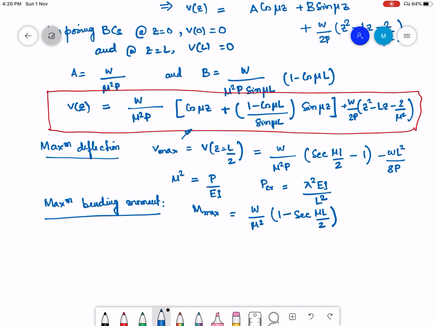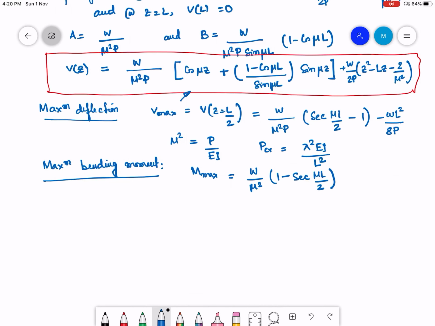If I substitute the values of mu, it is going to be wL square by pi square, P critical by P, into 1 minus sec pi by 2 root of P by P critical.